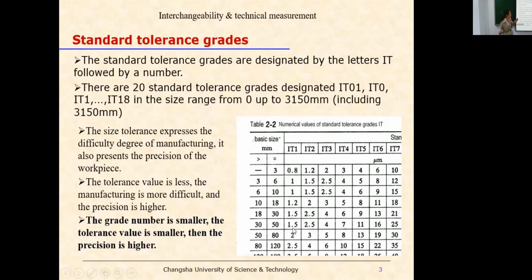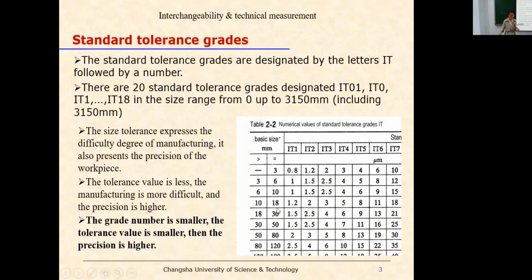It means it's very difficult to manufacture. If it is IT7, it's 21 units, so it's comparatively easier to manufacture, right?